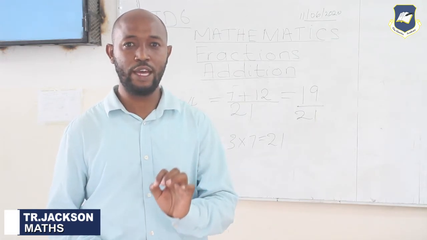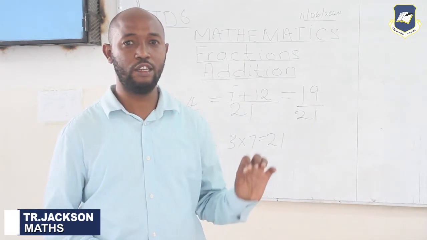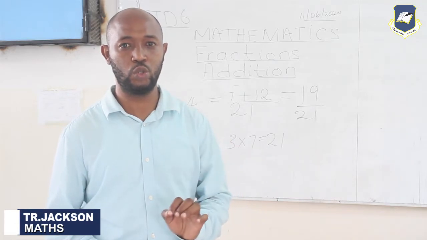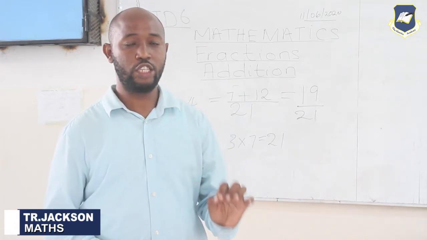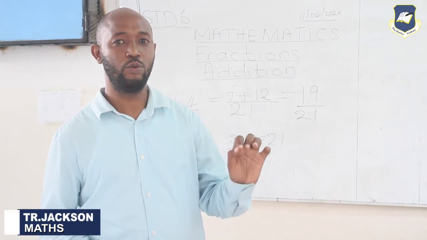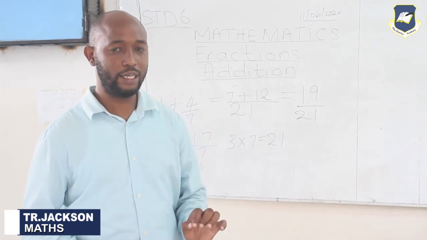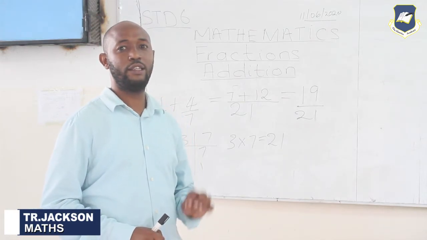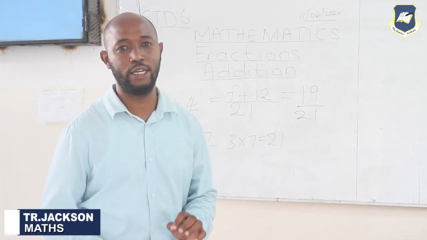After you get the LCM, divide the LCM by the denominator and multiply the answer with the numerator. And last, you add them, and there you get your answer.